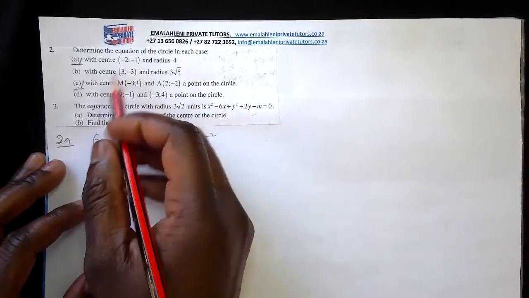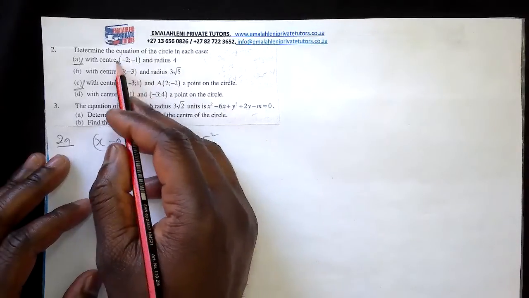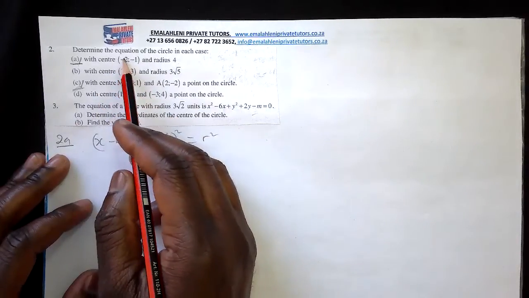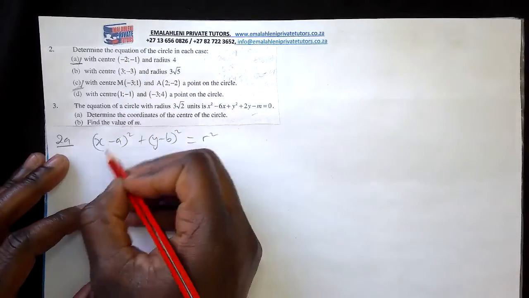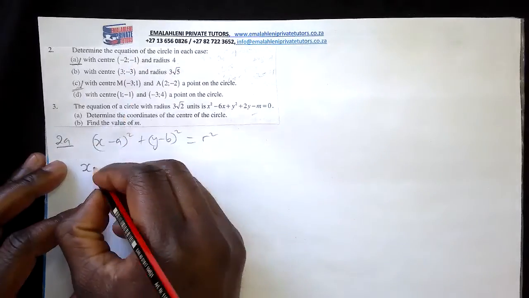So x minus a, what is our a? Our a here is 2, because in this case it's -2. So we are going to say it's going to be equal to 2 because it's negative.